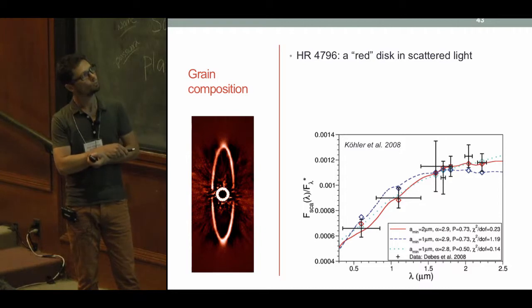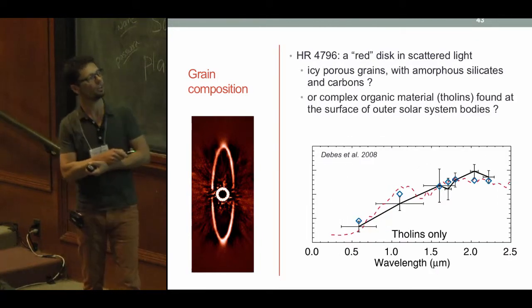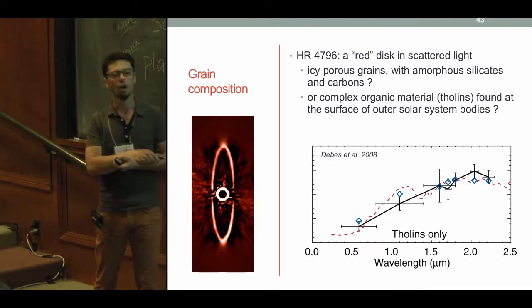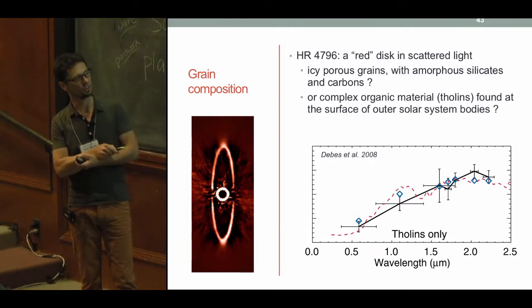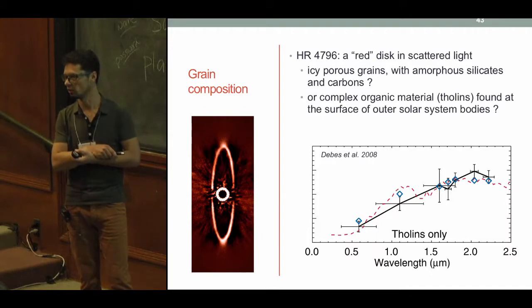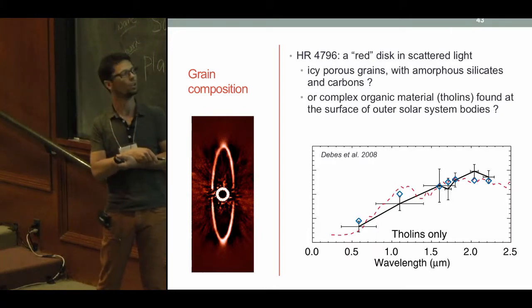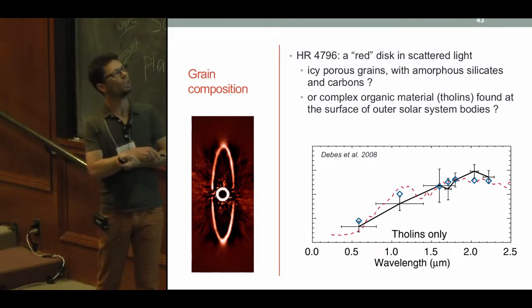But this is not enough, because other authors did find that other kinds of composition made of organic material, tholins, are also doing a very good job in reproducing the red color of the disk. So there are still some uncertainties here, although I'm not completely sure these grains would reproduce the SED of this disk, but still.